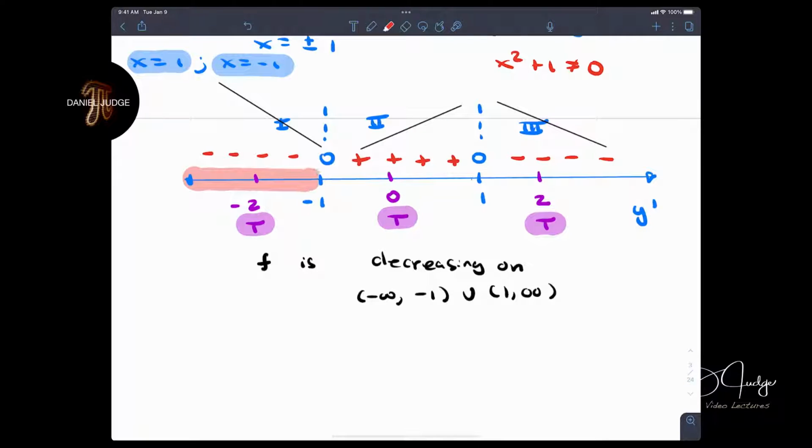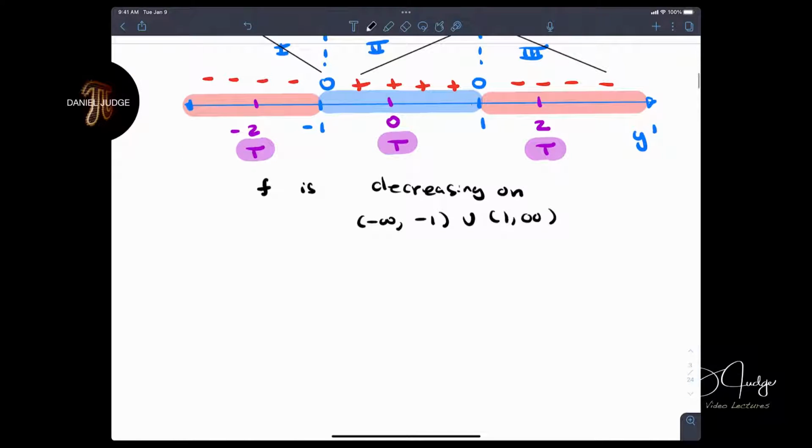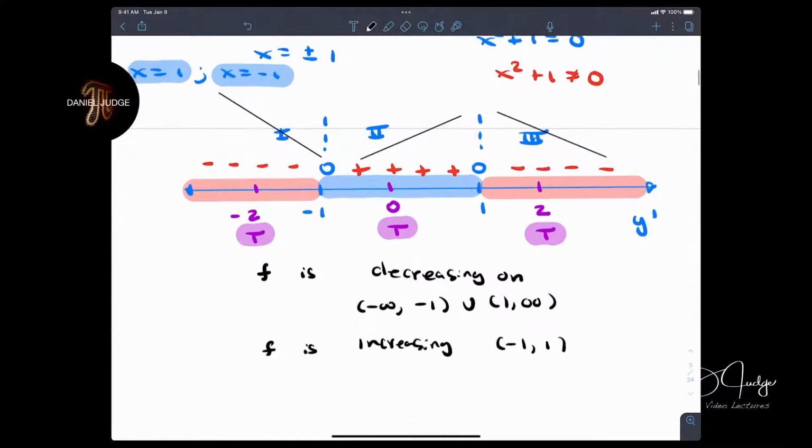It's negative in this interval. It's negative in this interval. It's increasing only in the middle there. So we can say f is increasing on the interval from -1 to 1 here.